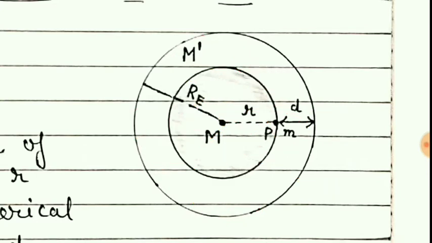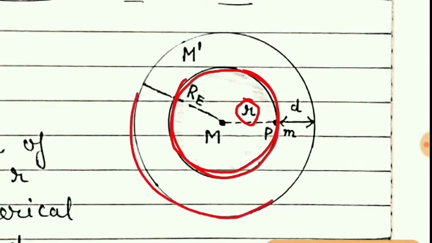Students, if this solid sphere of radius r is not there, then this will be a spherical shell only, and this point P lies just below the spherical shell.